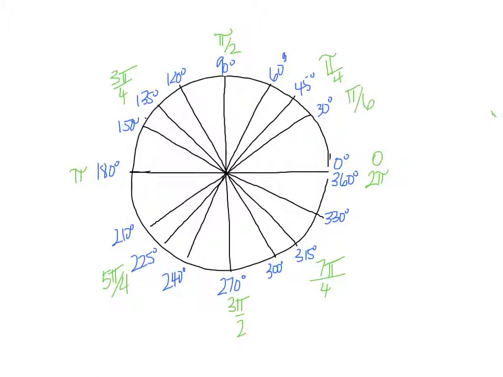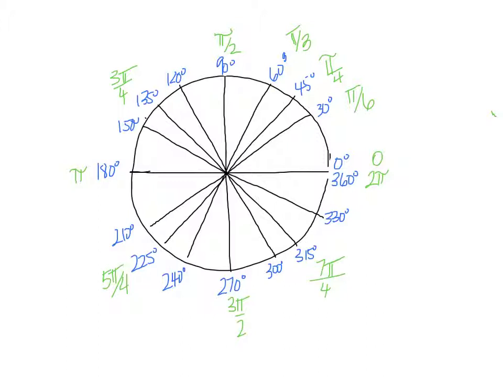I'm counting by 30 here. So 30 degrees is 1 pi over 6. If I go up 30, I'm at 60. How big is that? 2 pi over 6, which reduces to what? Pi over 3.